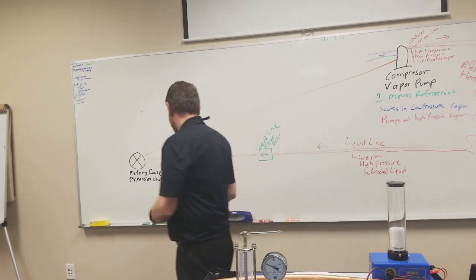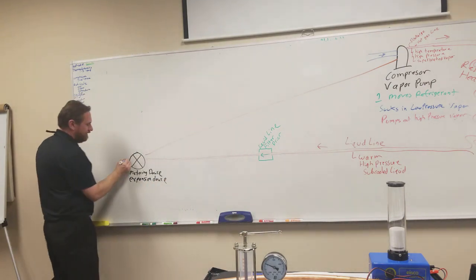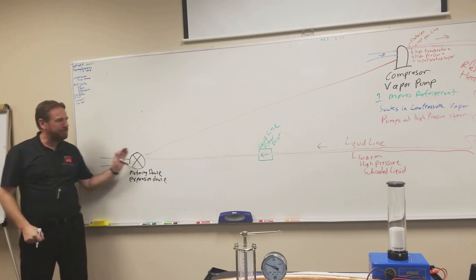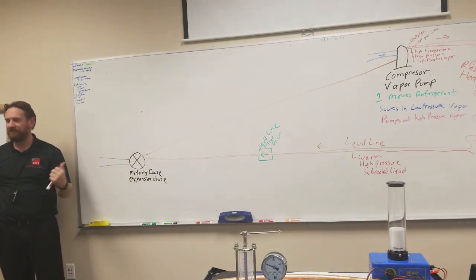On the other side is a beautiful, magical thing. Think of taking a water hose and squeezing the end of it. You're going to build pressure on one side, and the other side you're going to have less pressure.